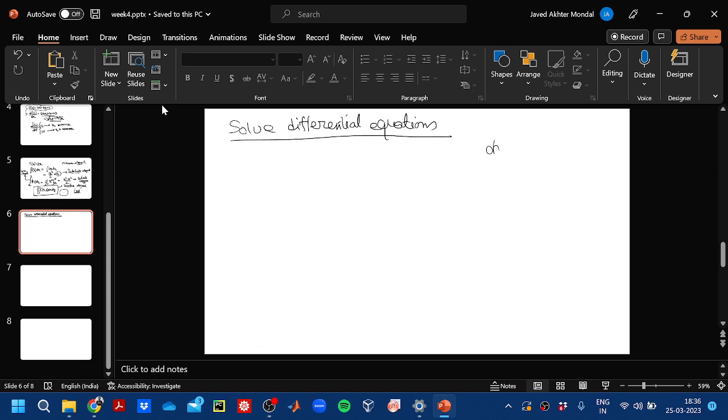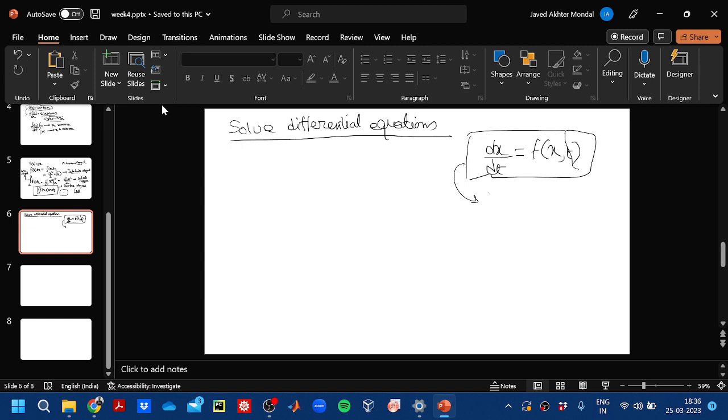So suppose we have a first order differential equation. Now to solve this in other programming languages, you have to use some sort of algorithm like the Euler algorithm or RK2, RK4. That we will discuss later. But there you have to do this numerically.